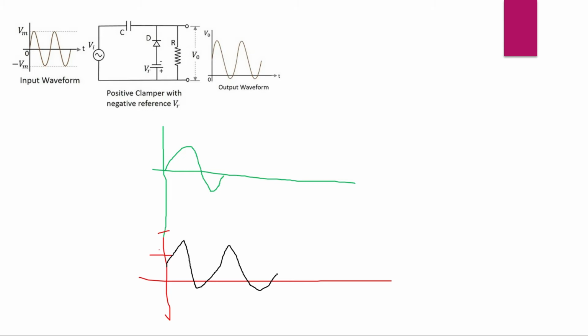If it is a reverse bias like a negative bias case, it will shift the output from the time axis to below, to minus 2 volts. So let's understand in Multisim.